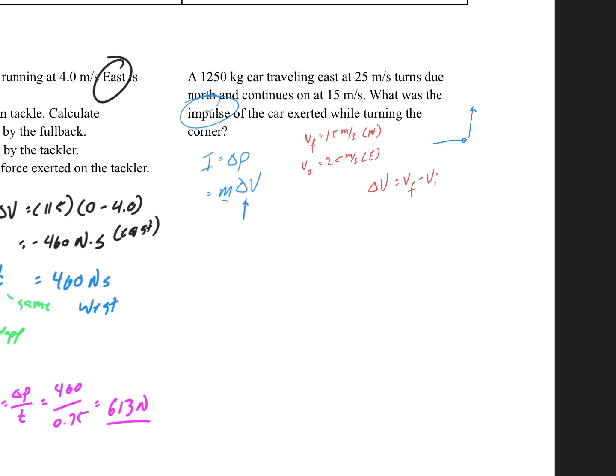So if I draw it this way, I have the final velocity pointing up. There's my 15. And then my initial velocity, it's negative 25, so it is actually pointing to the left. Here's my 25. This delta v here ends up being the resultant vector.